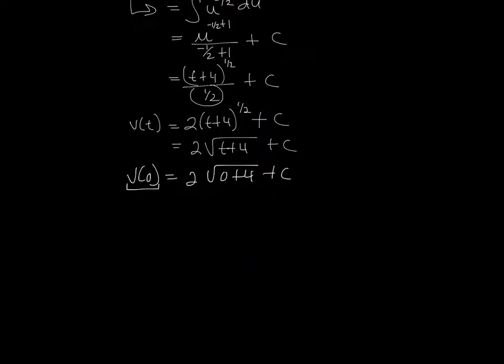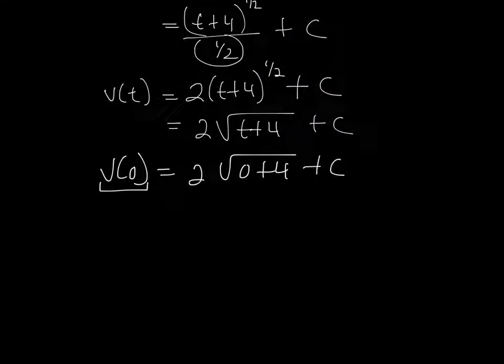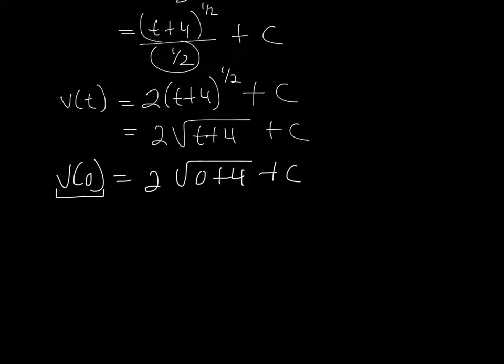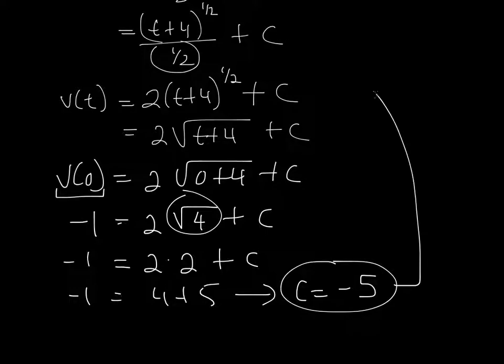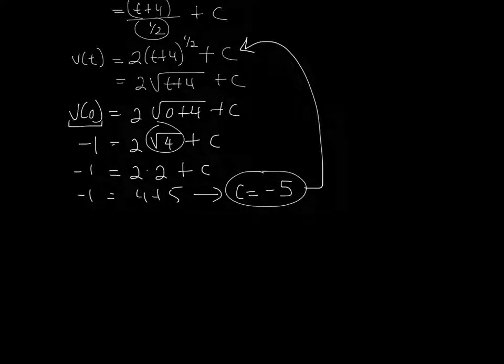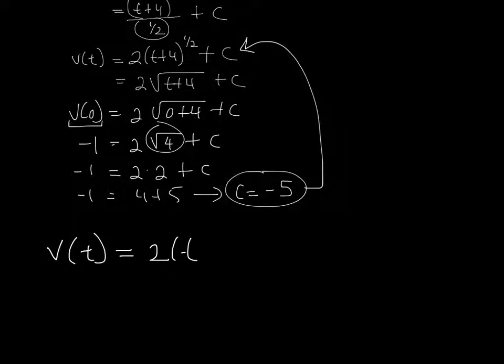So let me change this. -1 equals 2 times the square root of 4 plus c. Well, that's just 2 times 2, the square root of 4 is 2, plus c. And if we solve for c, subtract 4 from both sides, and we get -5. So there is our constant of integration, so we can rewrite this function. And we have v of t equals 2 times t plus 4 to the 1/2 minus 5.